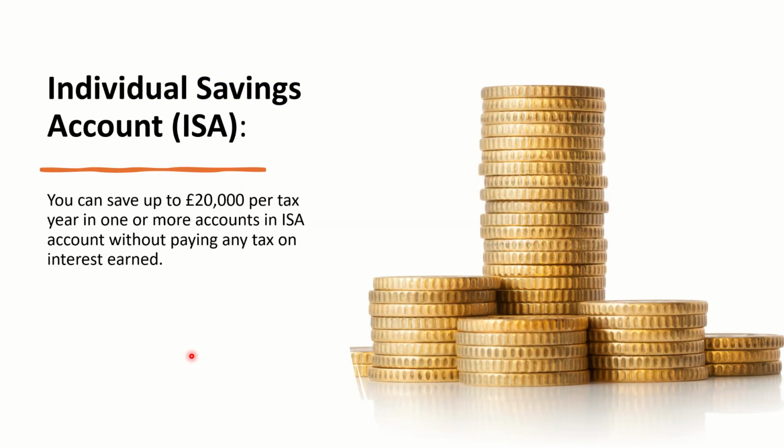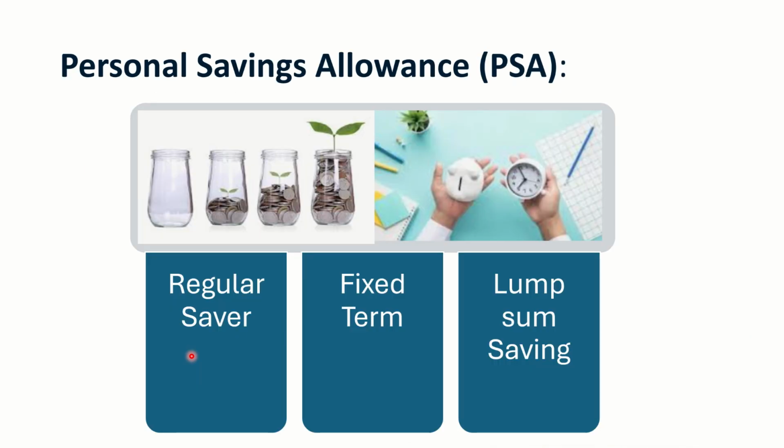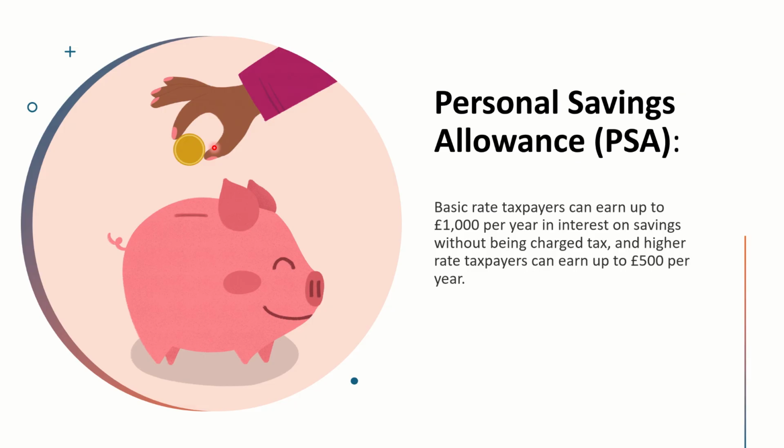Then comes the ISA. What is ISA? Why do people need the ISA account? The ISA account is basically to save paying taxes on the interest or dividends, or basically the money you make from your money. So in the regular saver, the fixed term or the normal saving accounts, if you are exceeding the limit of 1000 or 500 which we discussed over here, then you pay taxes.